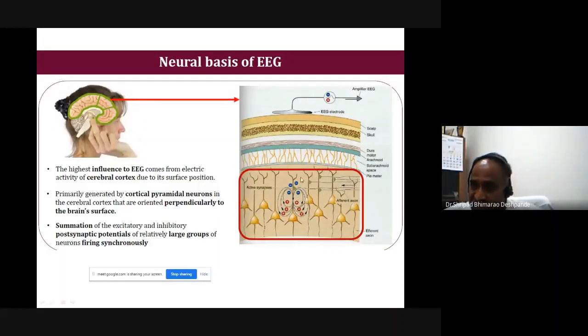You can see that activity as plus and minus. These plus minus poles create the electrical activity, and here is the point where we place the electrodes and pick up this activity in reference to another electrode. So we are placing between 2 points.